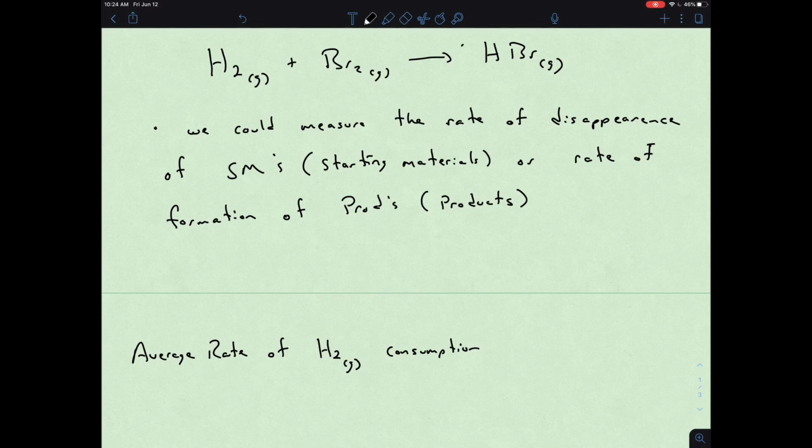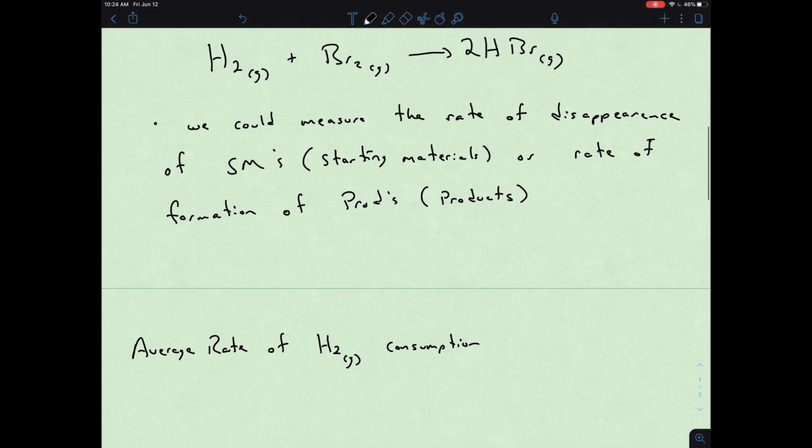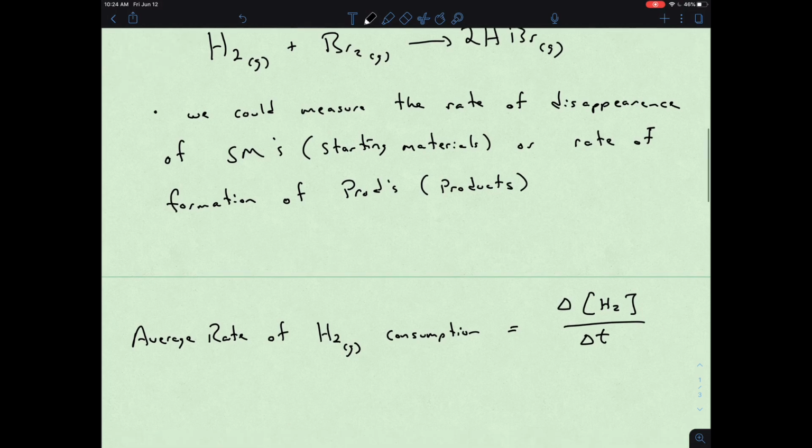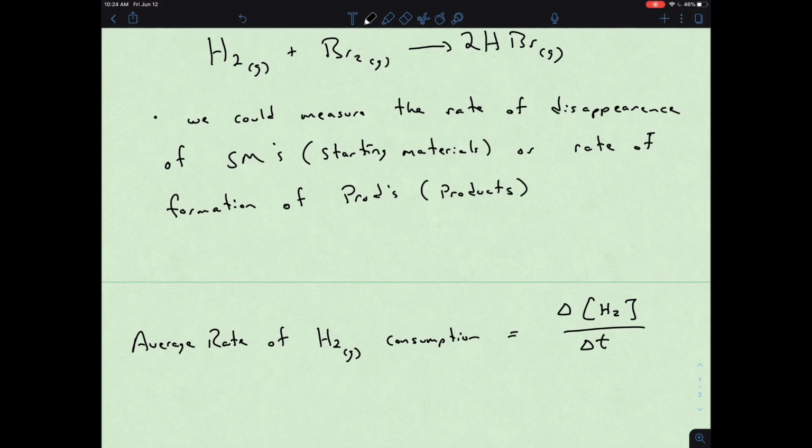That would be the change in concentration or pressure of hydrogen gas over a change in time. So that would be with regards to the one starting material, the hydrogen gas.